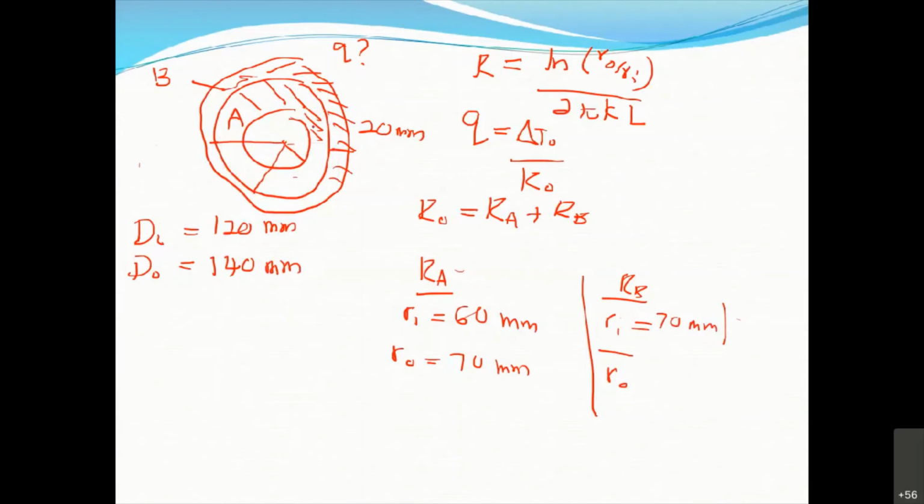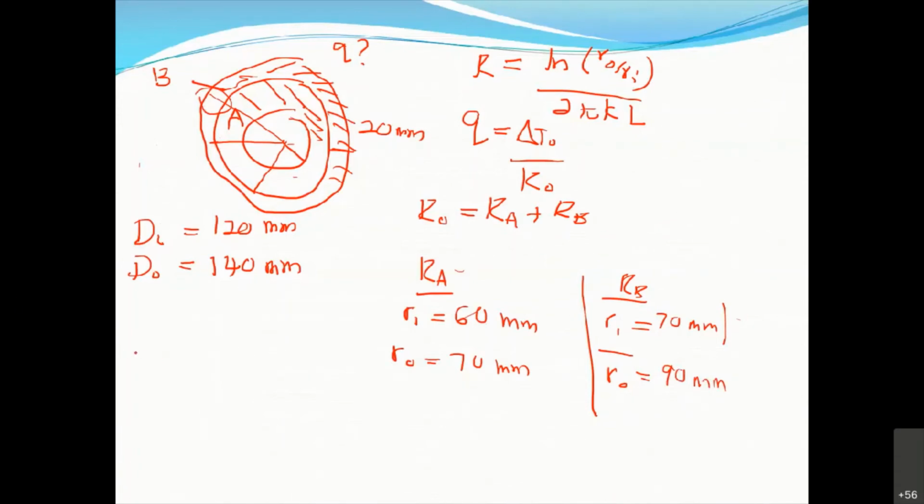And then your Ro is going to be from the center point to the insulation layer. You know that the thickness of insulation is 20 mm, so 70 plus 20, you get the value of Ro equal to 90 mm. Once you know all these values, you can find the value of Rb.